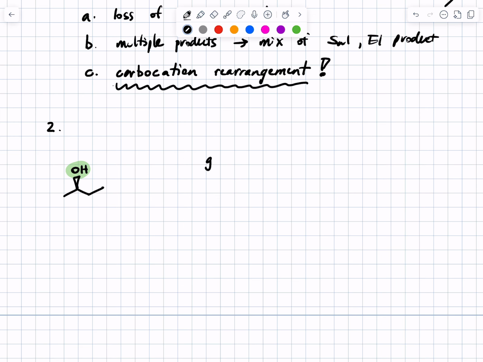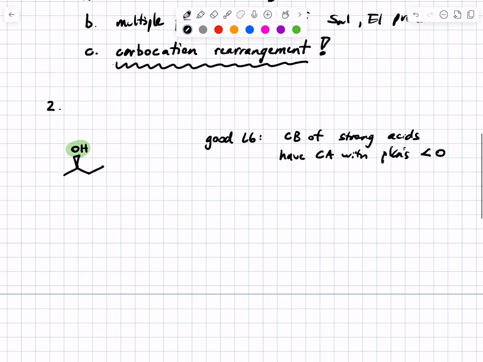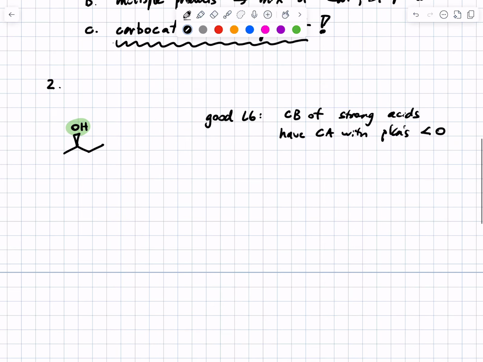So good leaving groups, as you know, are conjugate bases of strong acids. Another way of saying that is good leaving groups have conjugate acids with pKa's that are less than 0. So to evaluate whether OH minus is a good leaving group, simply draw it as it would appear if it left with its electrons.